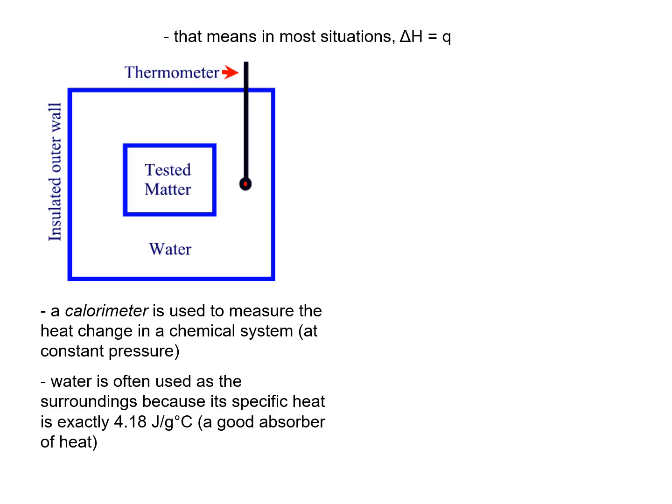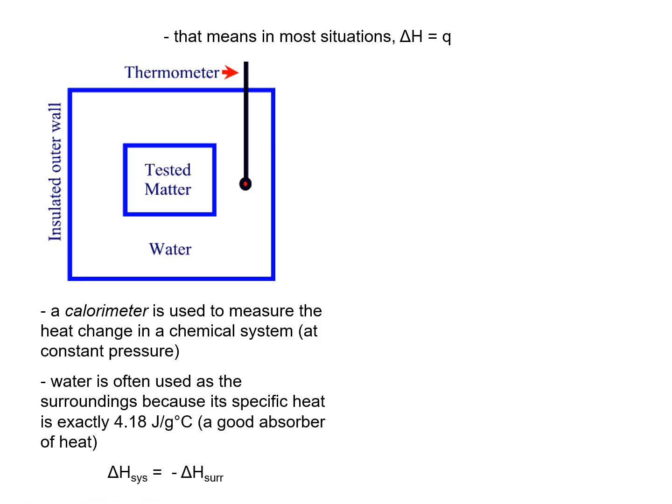So since we already know the specific heat capacity, all we need to know is the mass of the water and the change in temperature of the water. And we put it in an insulated container because we don't want heat from other surrounding things to mess up our measurements.